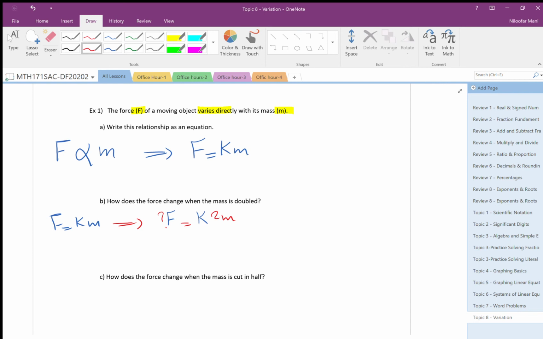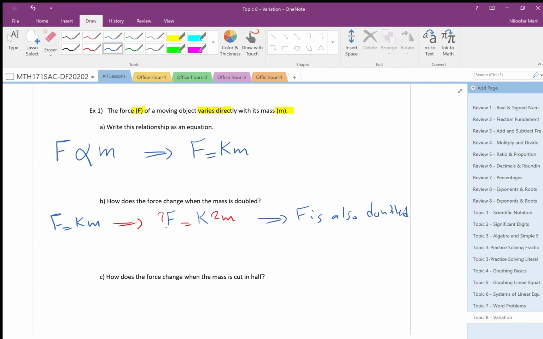When mass is doubled, of course F is also doubled. This way is correct and gets full mark. But I'd also like to show you mathematically, and maybe every time I will do just one of them.